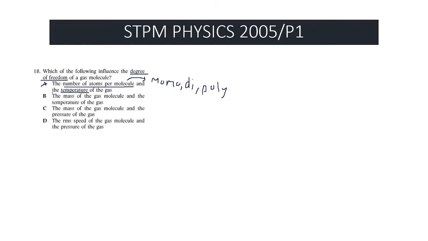And the second thing is the temperature. In general, as the temperature increases, the degree of freedom also increases. So these two factors affect the degree of freedom. So the correct answer is A.